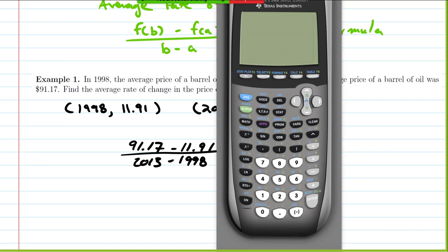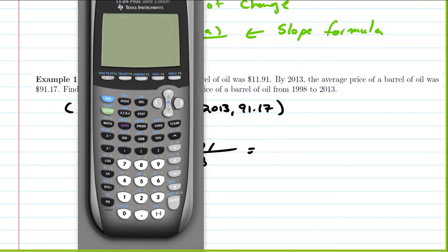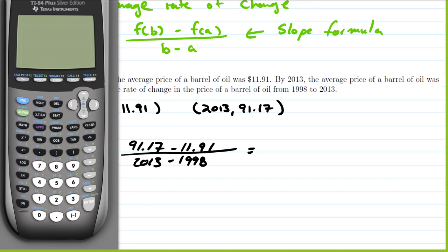So putting all that into our calculator, we get 91.17 minus 11.91 over 2013 take away 1998.